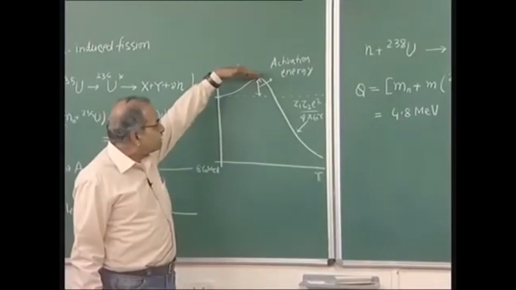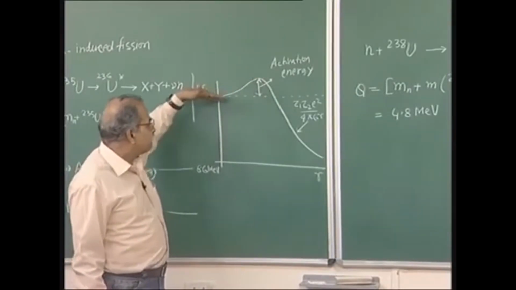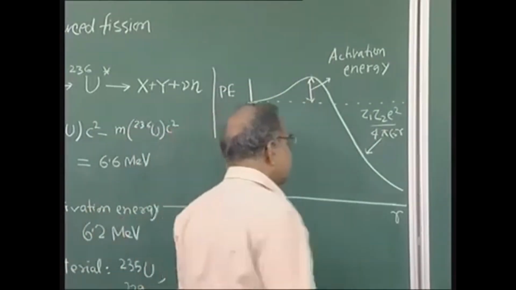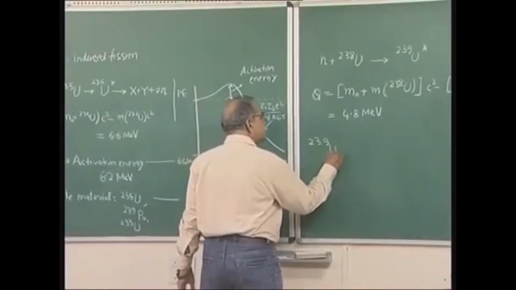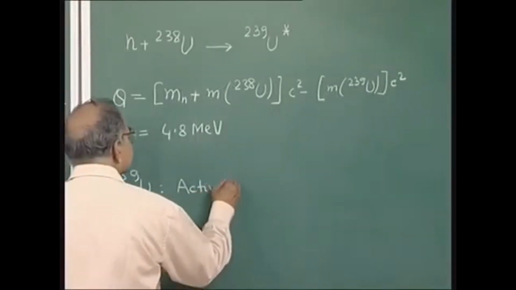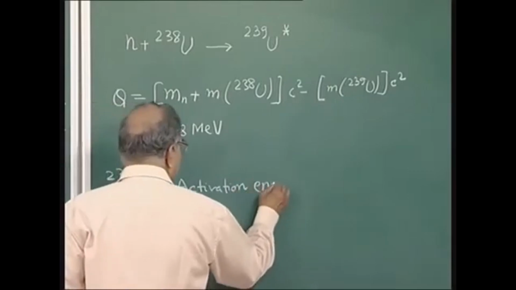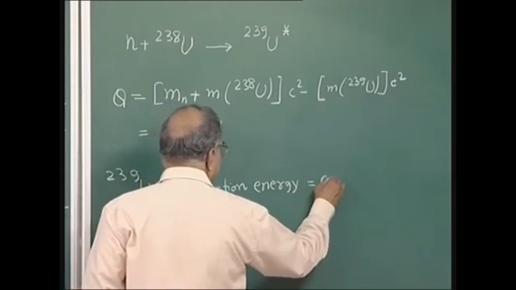The maximum height of this potential energy curve above the ground state energy for uranium-239, this activation energy, rather this will be higher, something like 6.2 MeV.